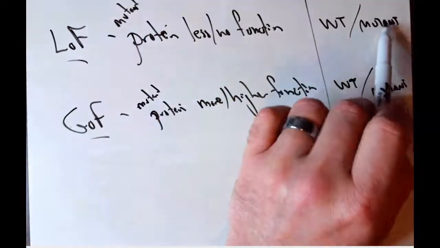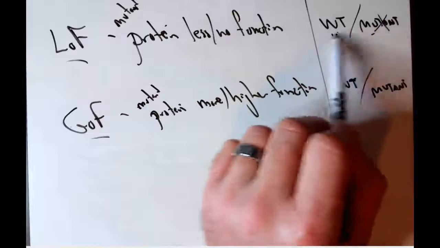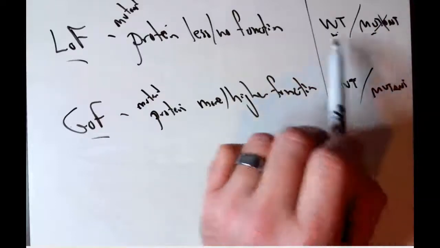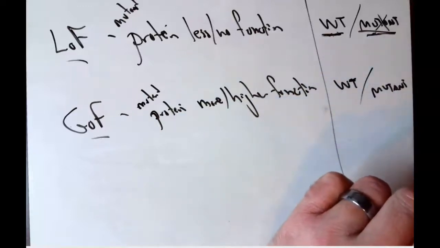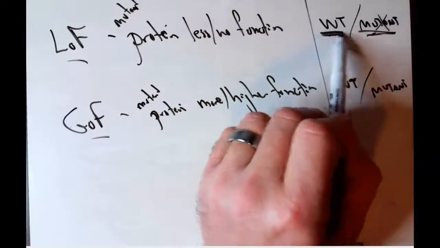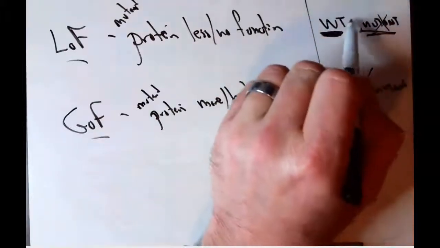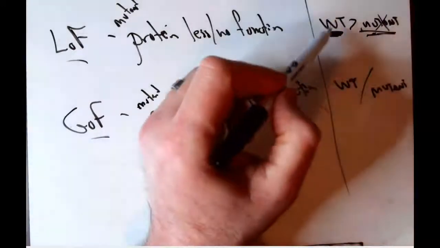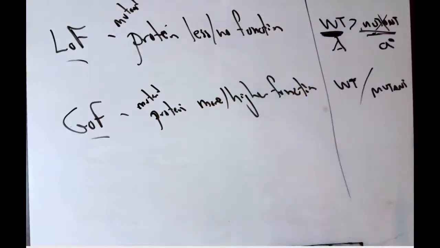For the loss of function mutation, when there's a mutant protein that's attenuated, it's weaker, which of these two proteins do you think is stronger? The one with full function or the one with less or no function? That's right. This allele is stronger because it has more function than this. This is the stronger allele, and stronger alleles are dominant. So loss of function mutations are recessive mutations. I love it.